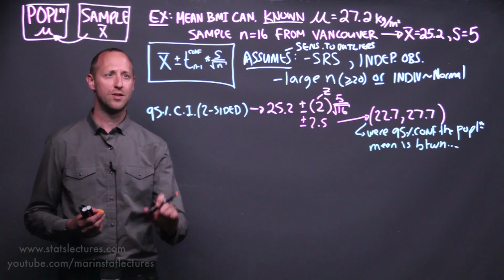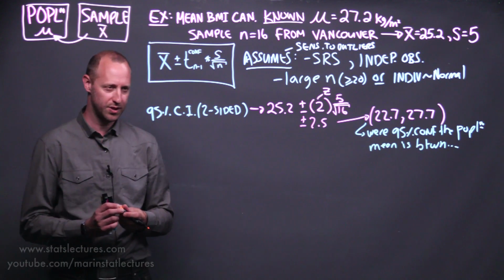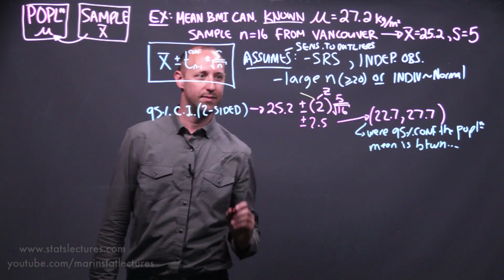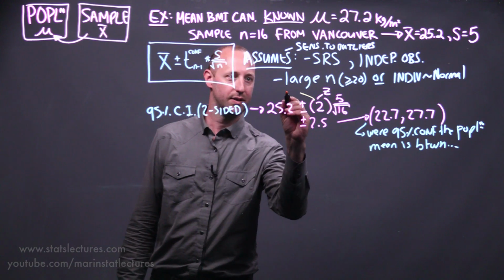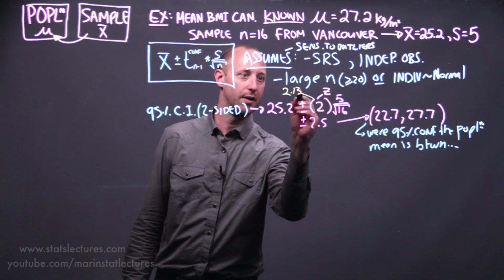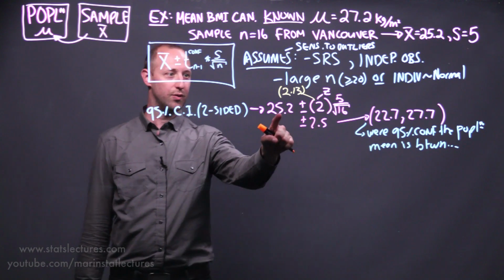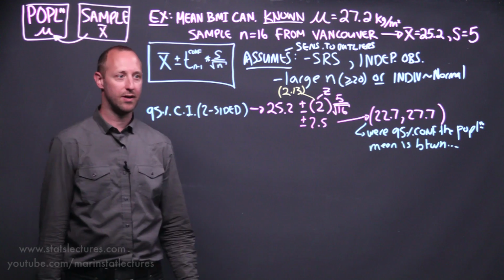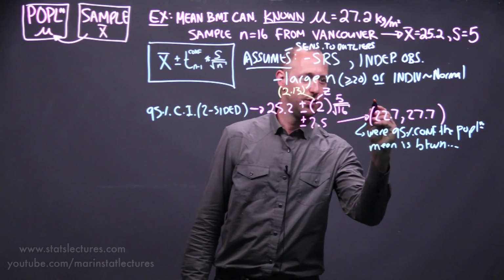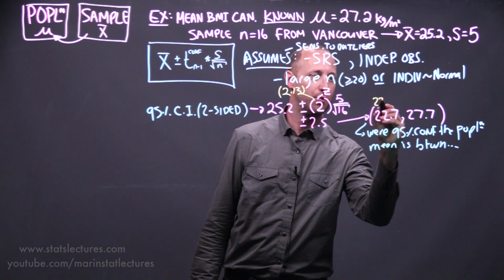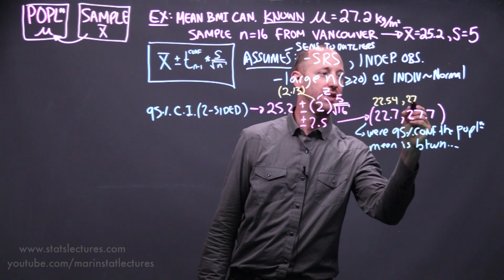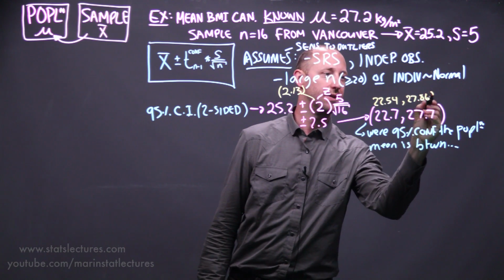We said that this will follow a t-distribution, not quite a normal distribution. If we were to use the exact t-value, we'd find that it comes out to be 2.13. So we'd have 25.2 plus or minus 2.13 times the standard error. If you do this, you'd end up with an interval of 22.54 up to 27.86.